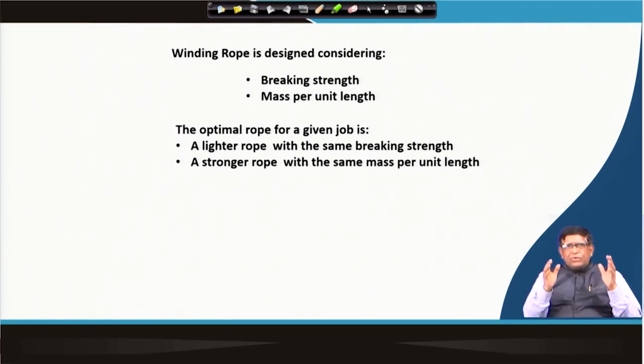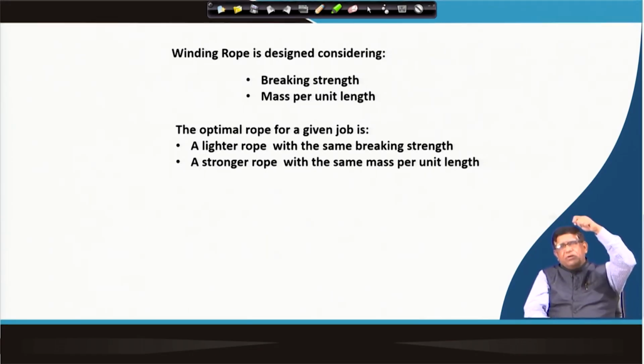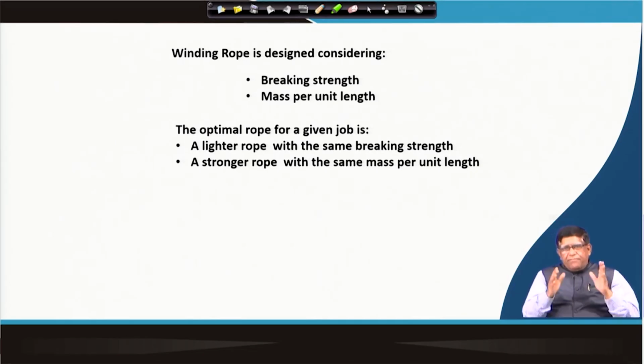Now, if mass per unit length is more, definitely the breaking strength will be more, but when you are running that system, say you have a 3000 meter long wire rope, and the mass per unit length is 5 kg or 15 kg, then depending on that, over the whole length it will be a very big load.